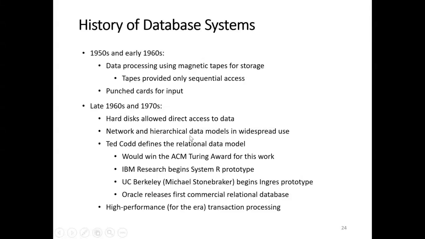Then the network and hierarchical data models were widely used. Then Dr. Ted Codd published a seminal paper in 1972. It's about the relational data model. This paper attracted wide interest because of its simplicity and also the mathematical theory foundation behind that model.